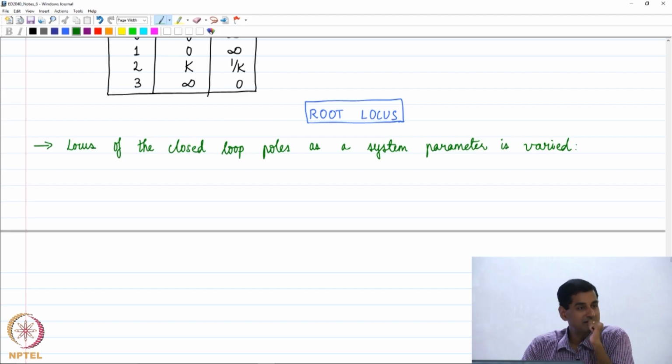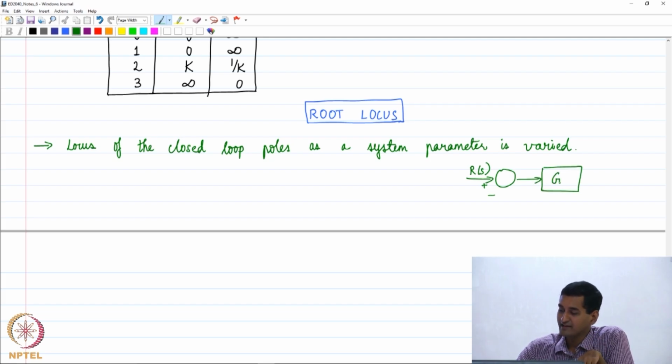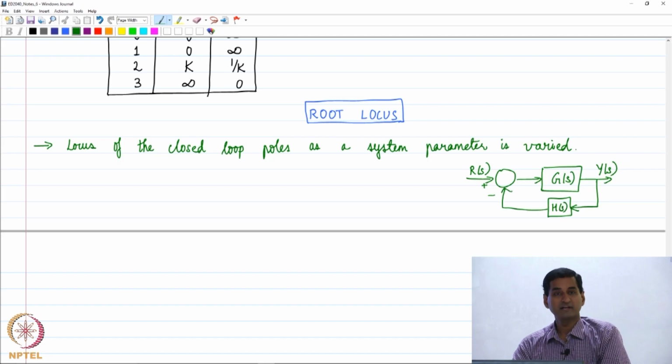Okay, so once again we are going to consider the same block diagram which we looked at. This is the reason I spent quite a bit of time in constructing these block diagrams and explaining what each block represented. So we take this block diagram.